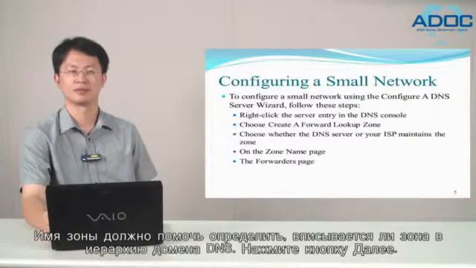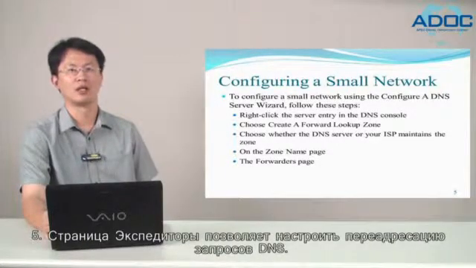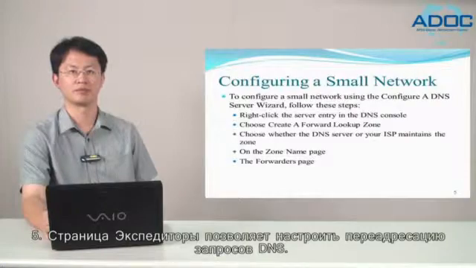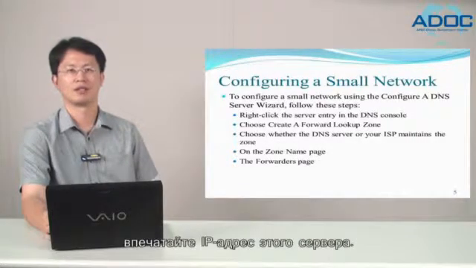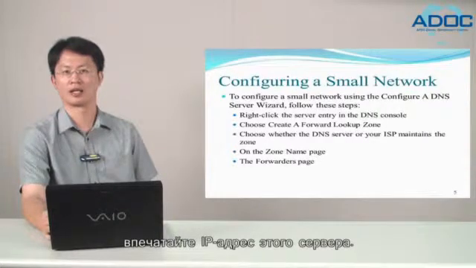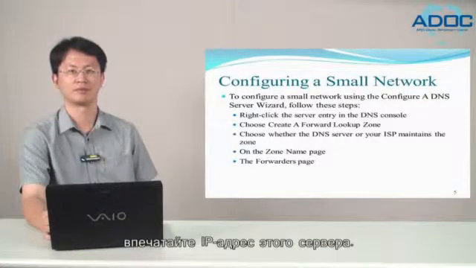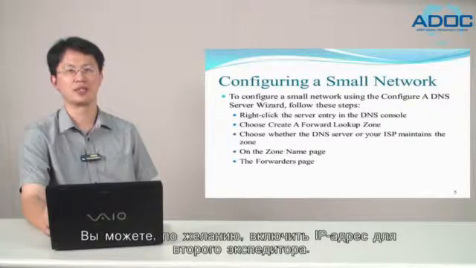Click Next. Fifth, the Forwarders page allows you to configure forwarding of DNS queries. If you want internal DNS servers to forward queries that they cannot resolve to another server, type the IP address for that server. And you can optionally include the IP address for a second forwarder as well.